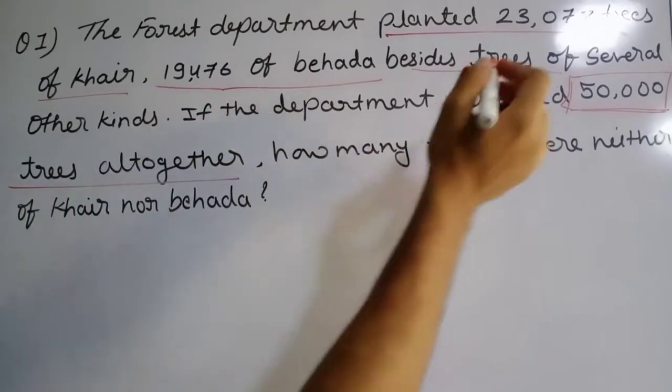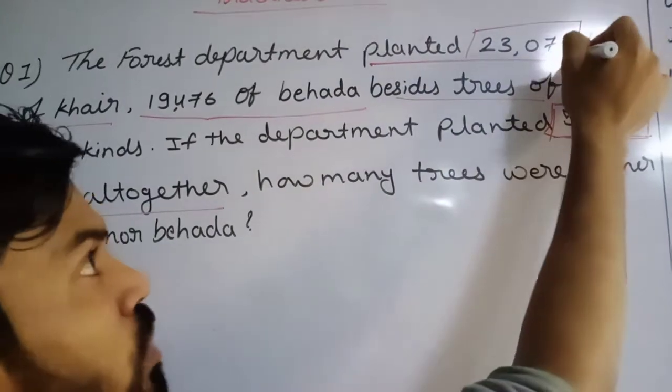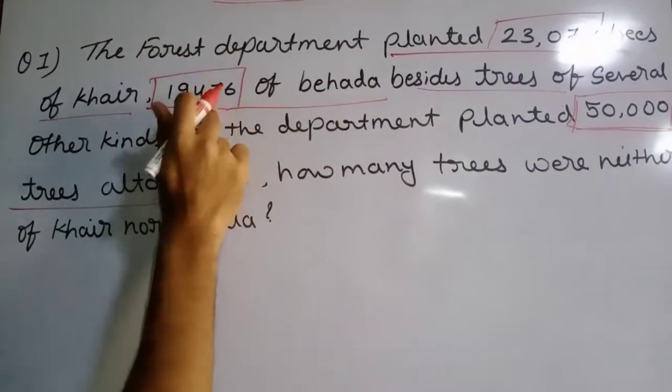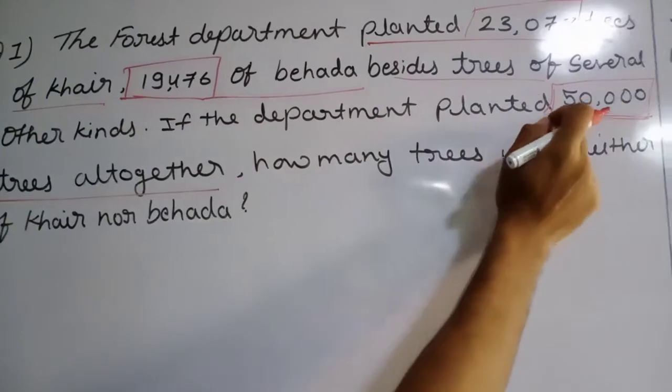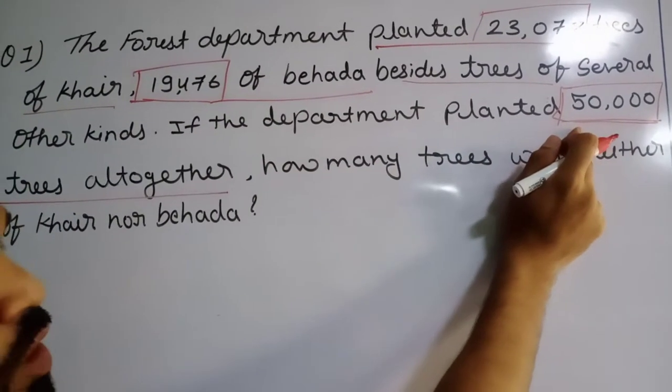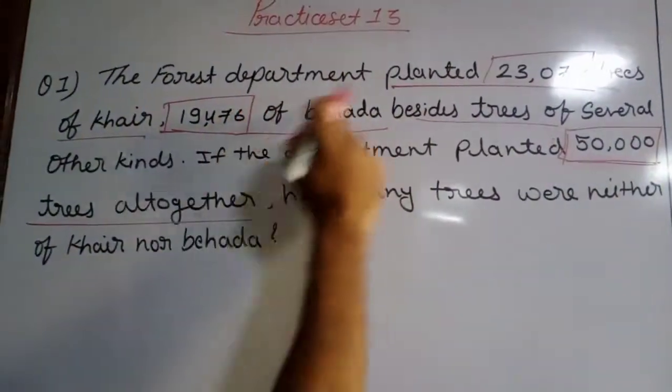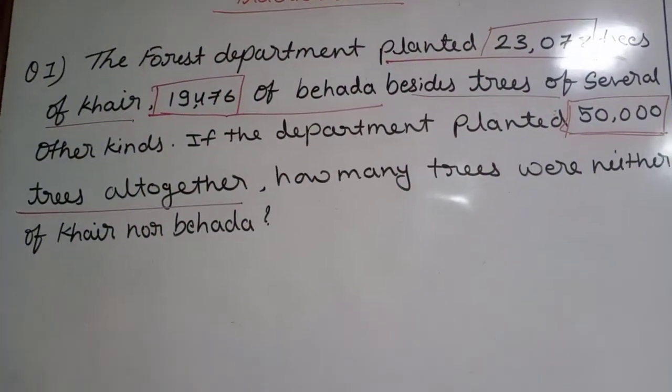So first here we have 23,078 of the Khair, 19,476 of Behda, and the total number of plants is 50,000. So first we are going to do the addition of these two types of trees. So let's start.